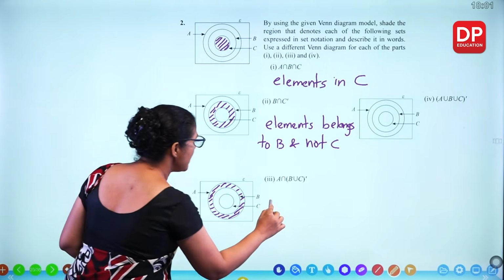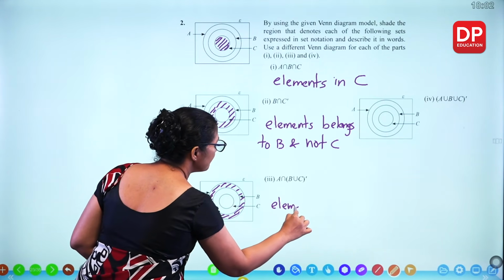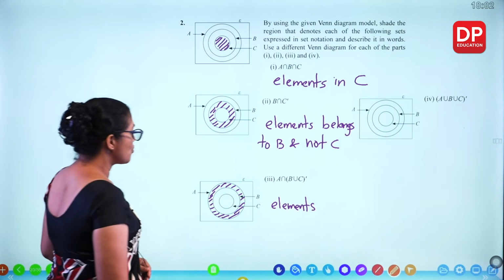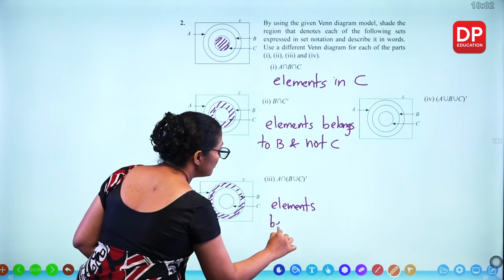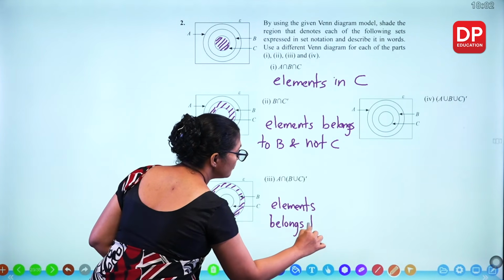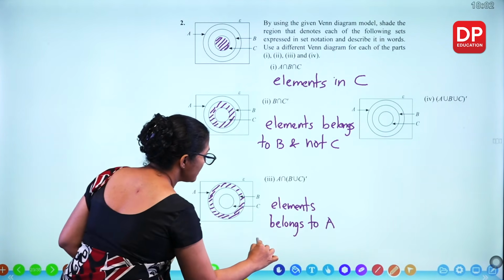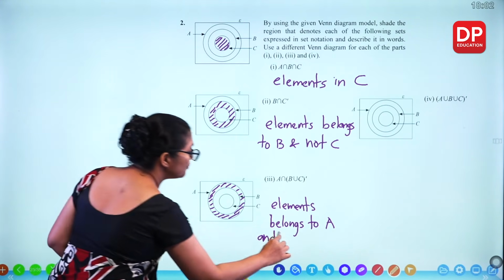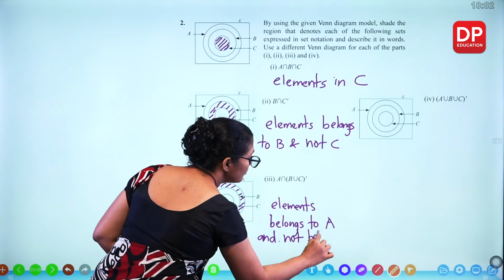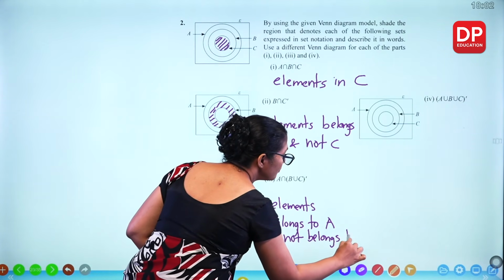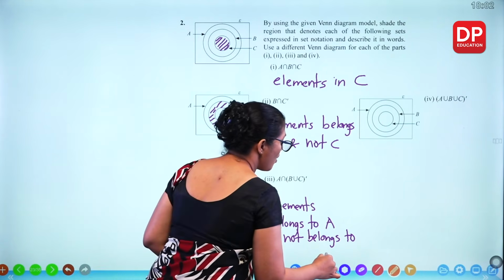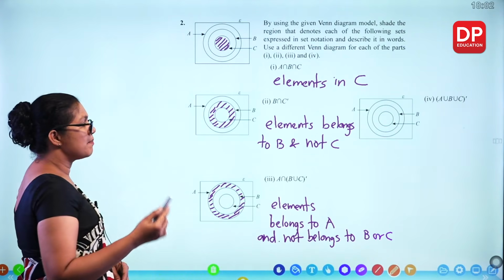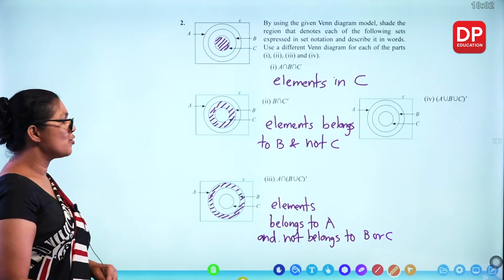We can write elements belonging to A and not belonging to B or C. So B or C means B union C dash, not belonging to B or C.